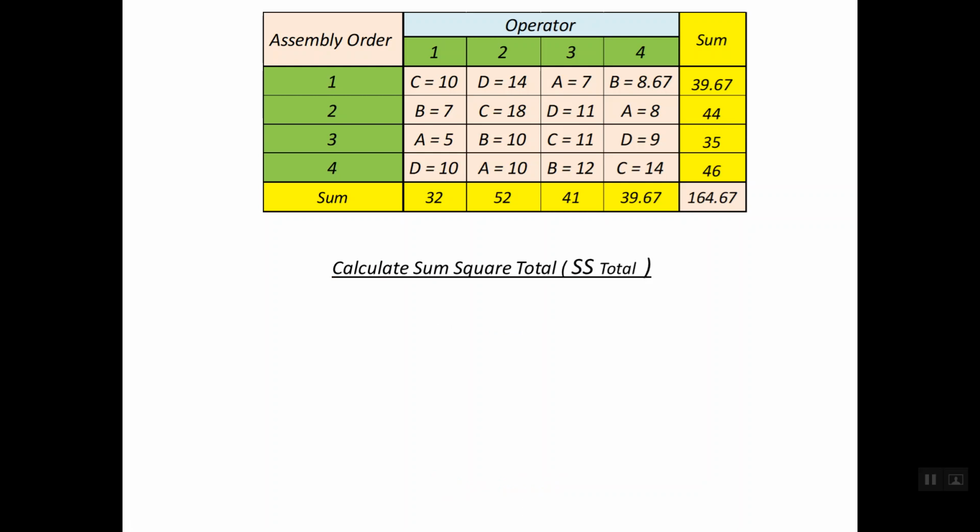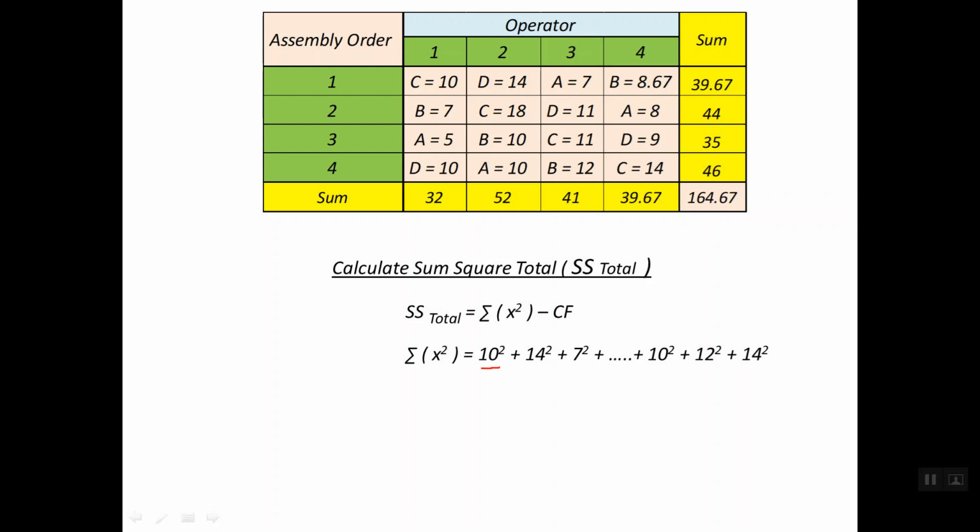Now we can calculate the SS for the total. This is the formula to compute the SS total. Simply we need to take the summation of all the squared observations minus the correction factor. The summation of the squared observations: we have this value, for example.